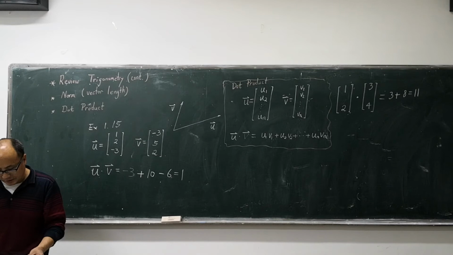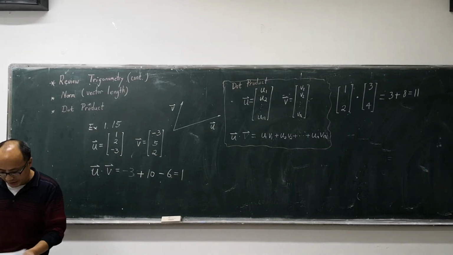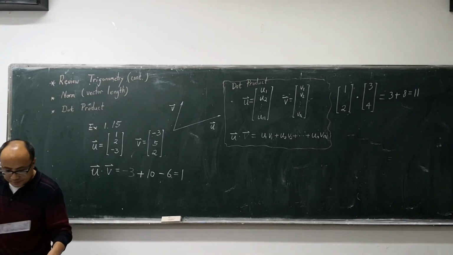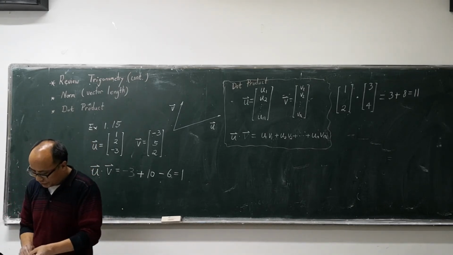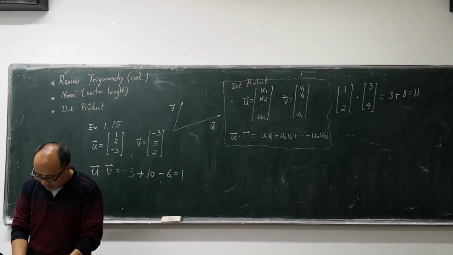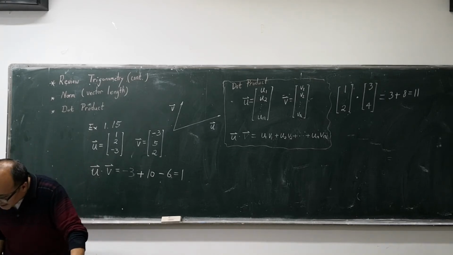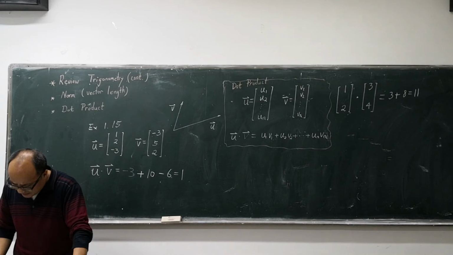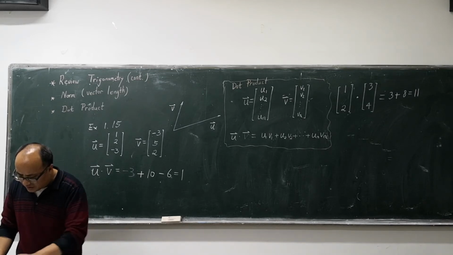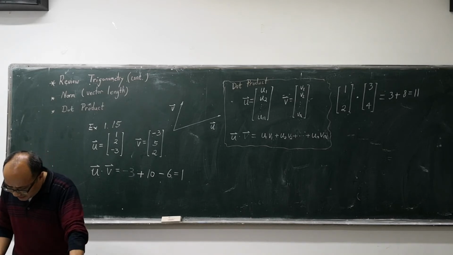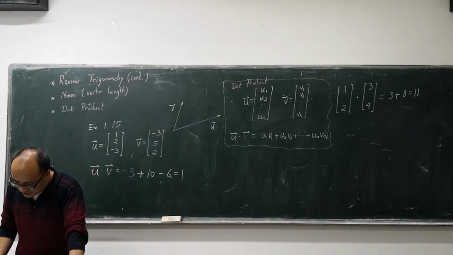Then turn to the question part, page 29, exercise 1.2. Can you do the question? In exercises 1 to 6, find u dot v.